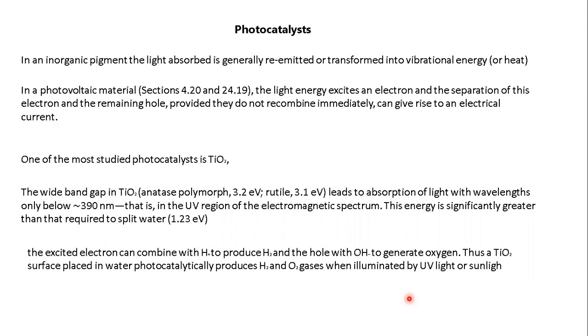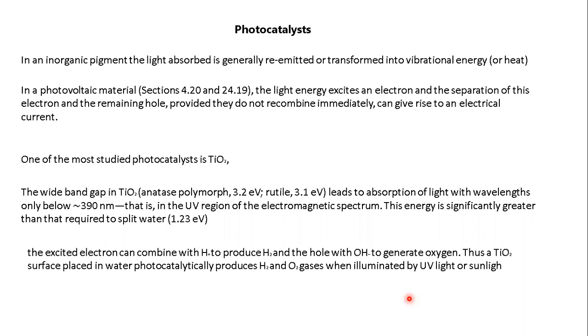Because of the movement of this electron and the hole created by that electron, the movement will generate electrical current. You know, electrical current is nothing but the movement of electrons. When an electron travels from one place to another, it can give you electricity.